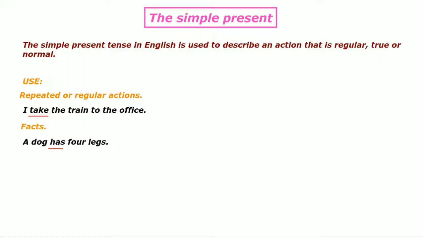Let's go with another use of this tense. Okay, the use number 3 is for habits. In here, you are explaining something that is normal to you. Okay, it's something very, very normal and it's not a big deal.